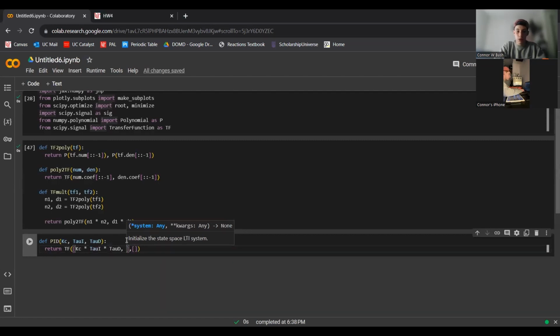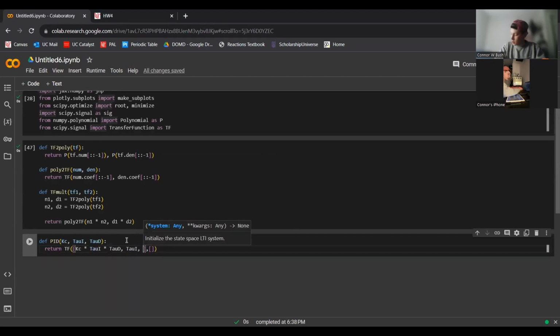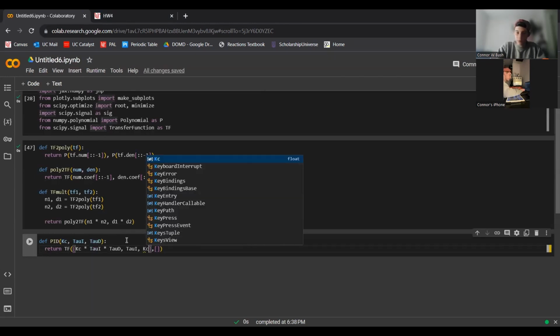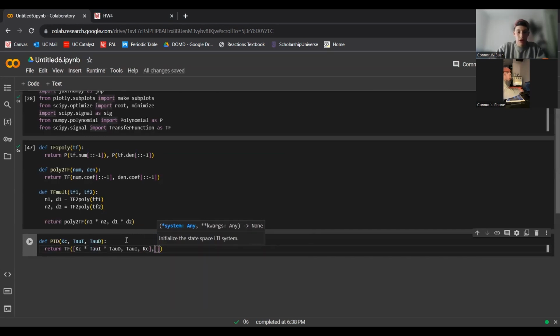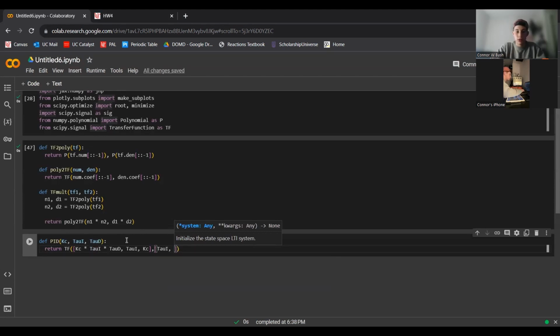Our S to the power of 1 term is just tau I times S. And then we had a plus 1. But we multiply also by KC, which is important. And then on the denominator, we just had tau I, but this was multiplied by S. So we have to say that our constant term is just 0, just to make sure that we have that.